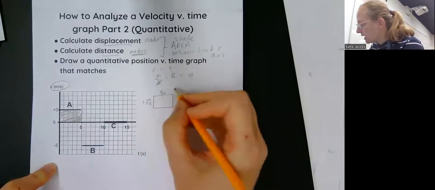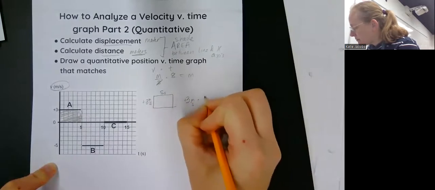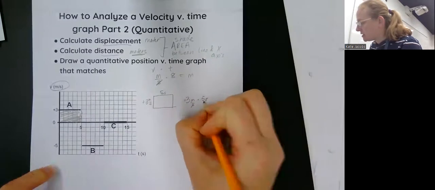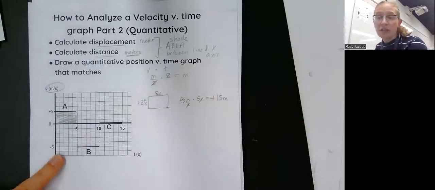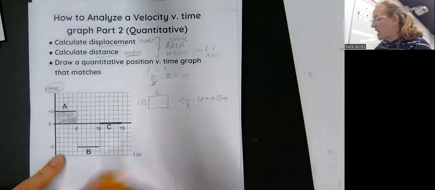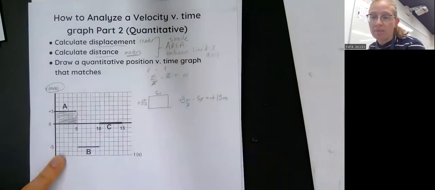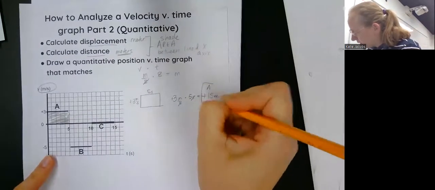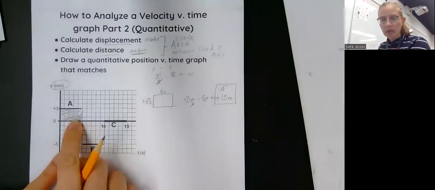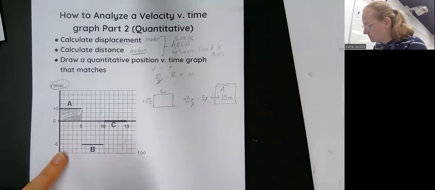So when I multiply these two, +3 meters per second times 5 seconds, seconds cancels out, and I'm left with +15 meters. So the area of the graph is the displacement of the object. In segment A, this object traveled 15 meters in the positive direction.